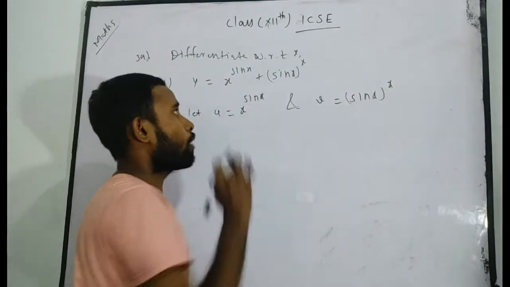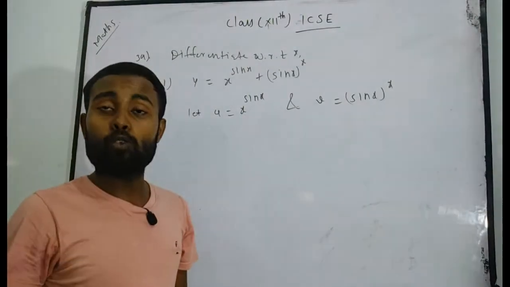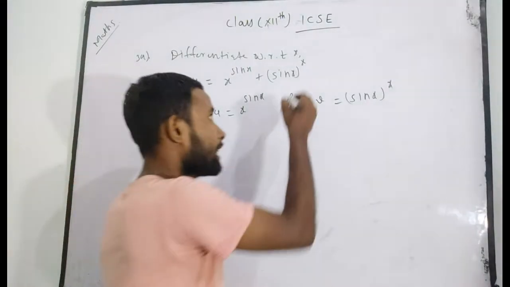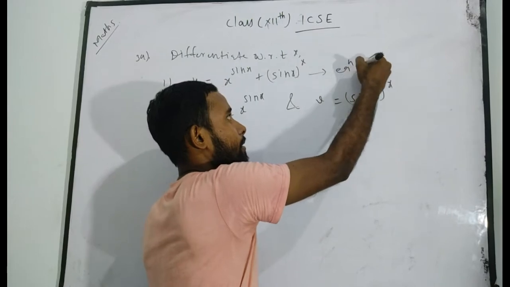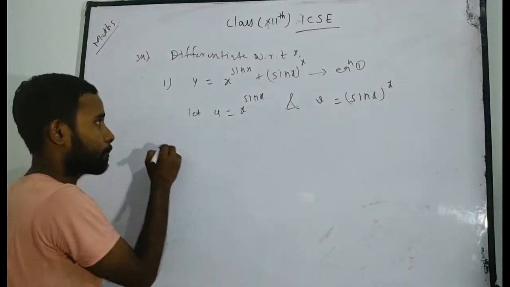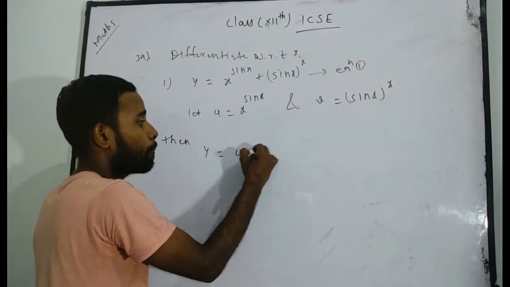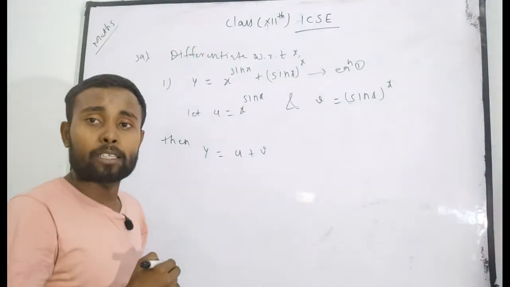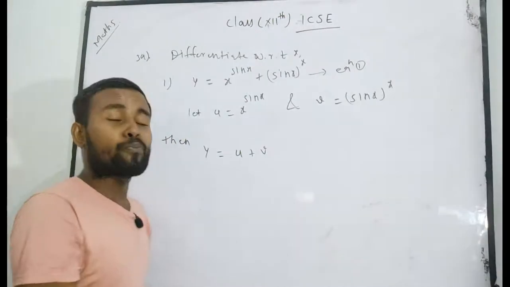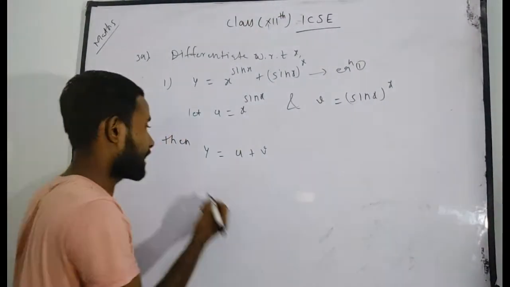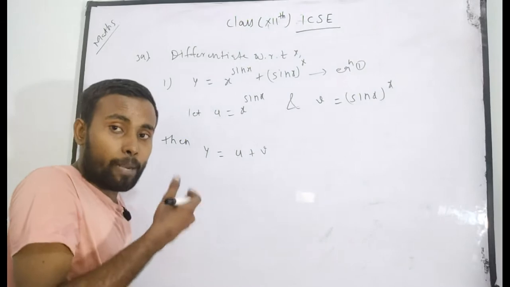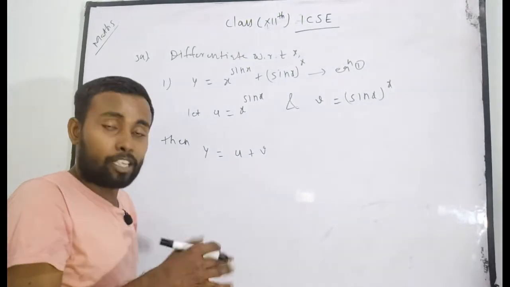This becomes your equation first. After supposition, y will be u plus v. Now you have to differentiate on both sides with respect to x using the property of derivative of an addition, that means addition of two functions.